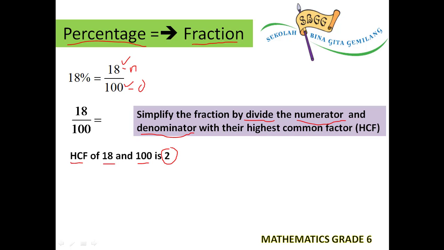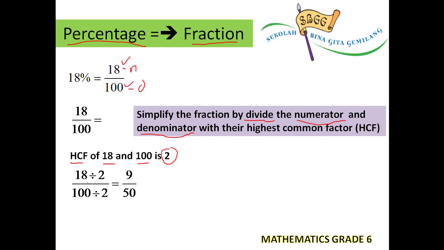We have discussed this before, how to find HCF or LCM. After you get that the HCF of 18 and 100 is 2, you must divide them.